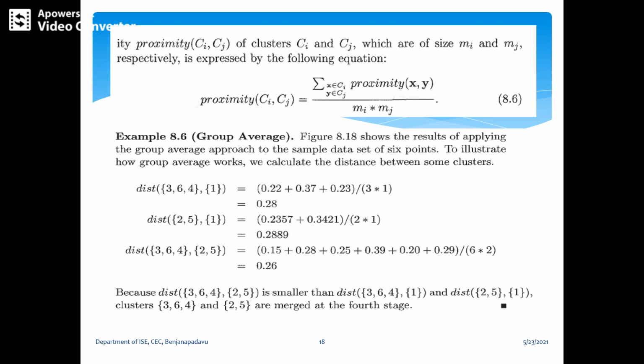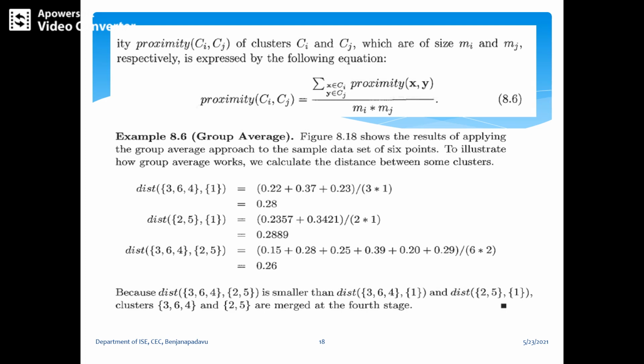This is the group average, because there are 3 points, so certainly we need to divide by 3 into 1. Similarly, this is 2 and 1, separate points. So taking the average here, 0.253 plus this average divided by 2 into 1, the group average becomes 0.2889.